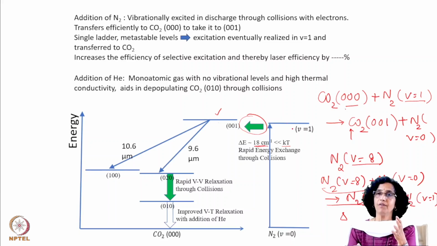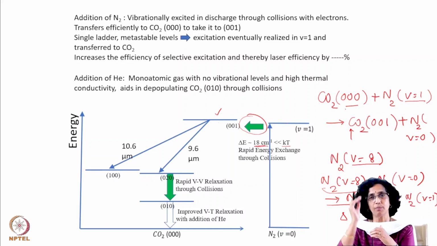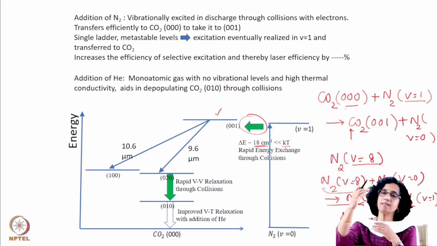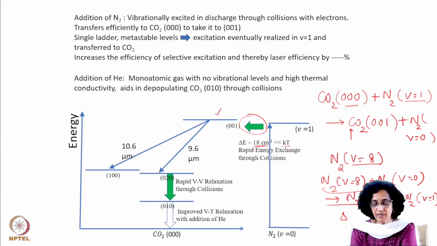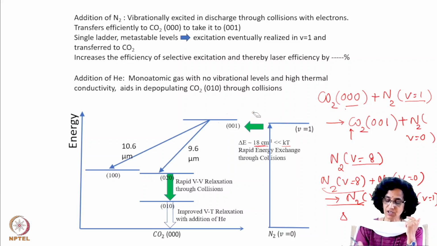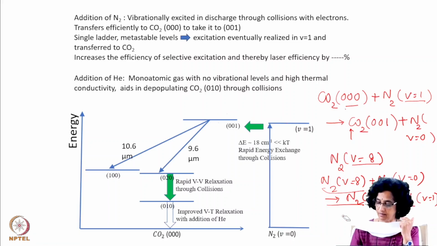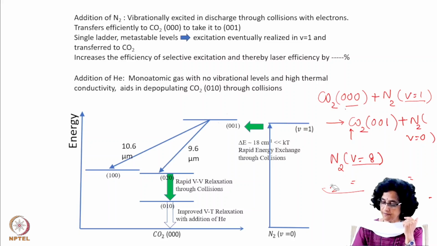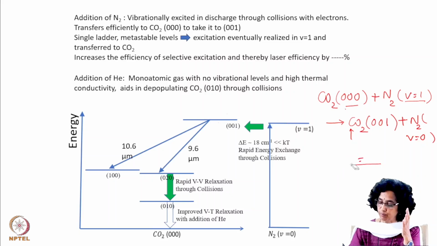And nitrogen is very well populated in an electric discharge, goes up to V equal to 8, and all this excitation in nitrogen is eventually realized as excitation of CO2 molecules to the upper level. And therefore addition of nitrogen greatly increases the selective upper level population excitation in a CO2 laser.